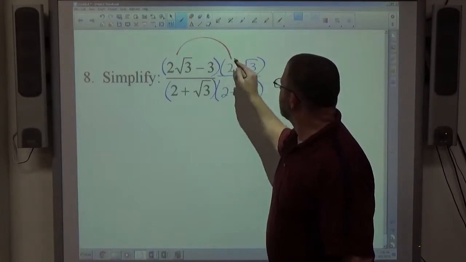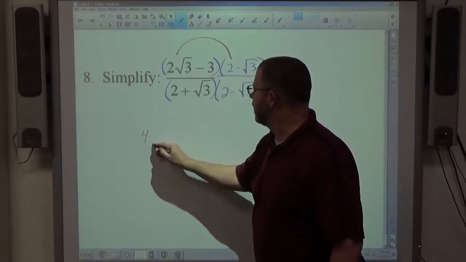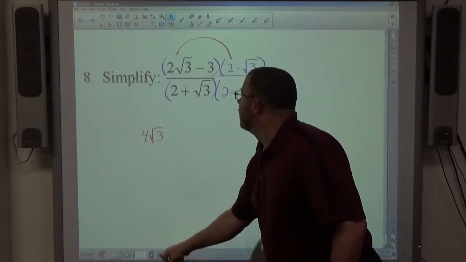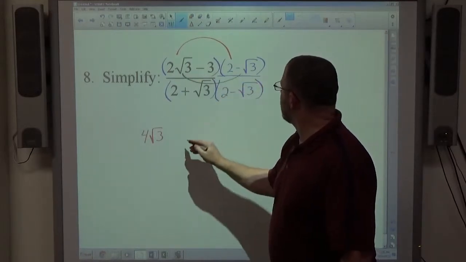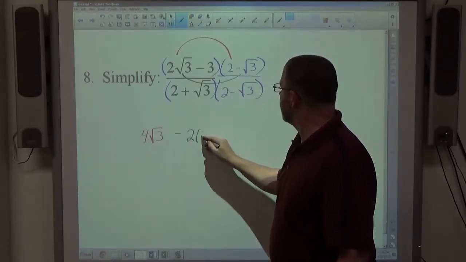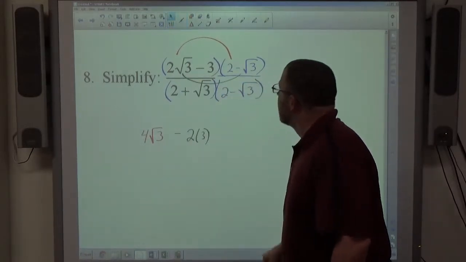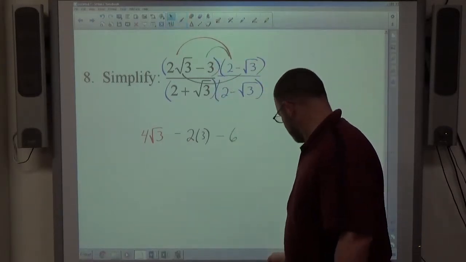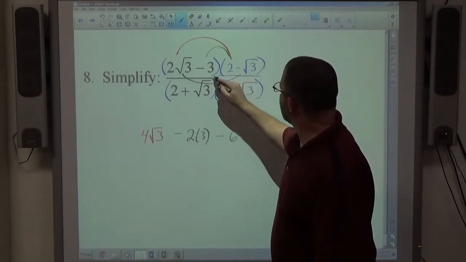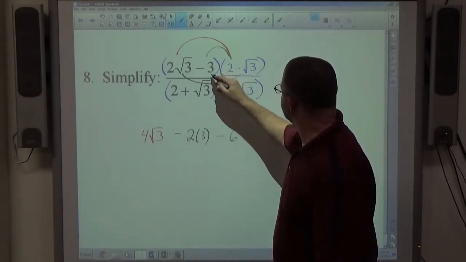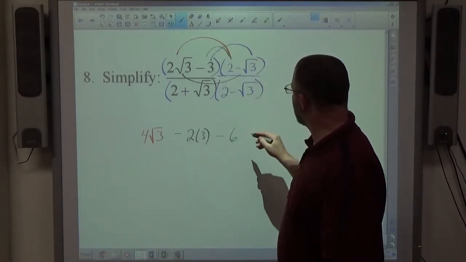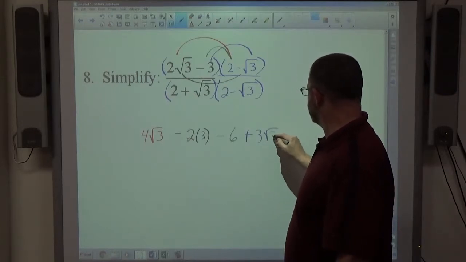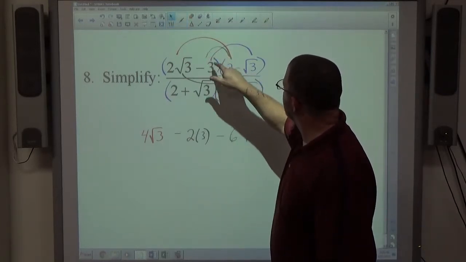So if I do first times first, I'm going to get 4 times the square root of 3. If I do outside times outside, I'm going to get minus 2 times 3. If I do inside times inside, I get minus 3 times 2. And if I do last times last, I'm going to get a plus 3 times the square root of 3.